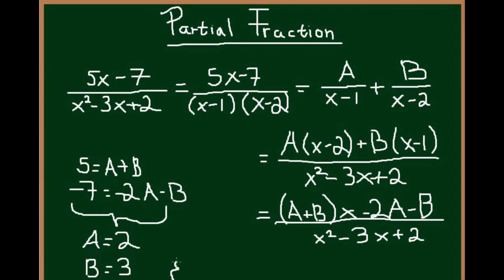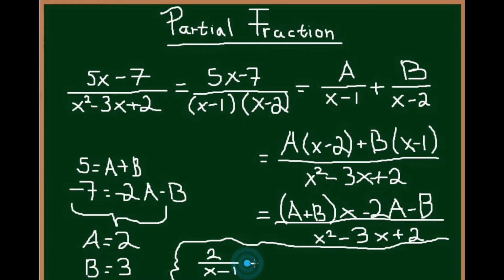So the answer is 2 over x minus 1 plus 3 over x minus 2. There you go.